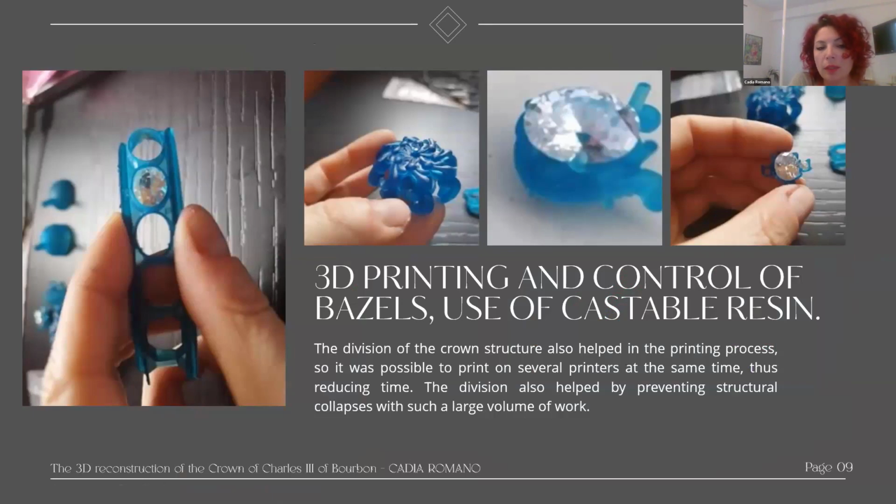And after the 3D printing, I check all the gemstones inside the bezel to understand if the sizes are correct, because I always have to remember that the resin, after UV rays and after the cure, could have a reduction of about 0.5 or 1%.